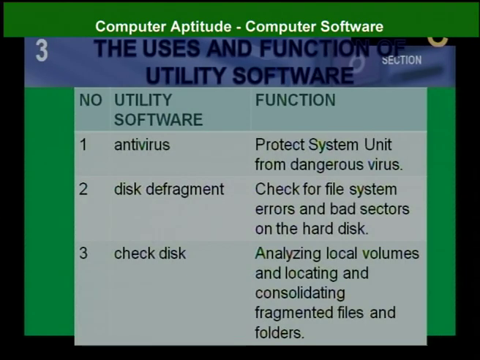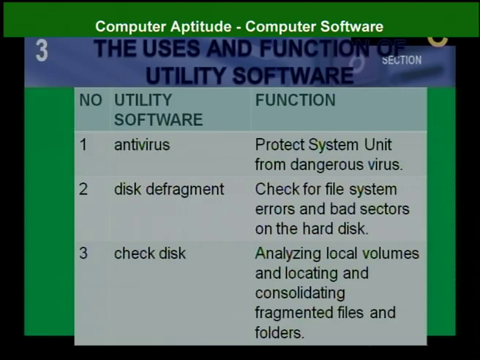Antivirus is one software. Disk defragment is one software. Check disk is one software. These are a few utility software. Antivirus protects the system unit from dangerous viruses. Disk defragment checks for files, errors, and bad sectors on a hard disk, and does some defragmentation.